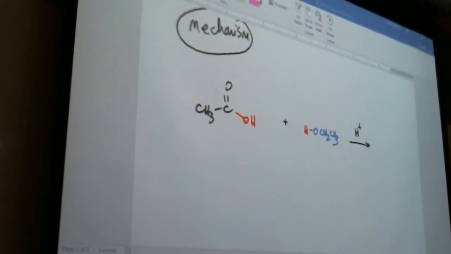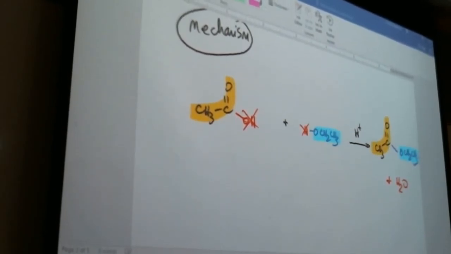At the end of the day, this portion of the carboxylic acid combines with this portion of the alcohol, and we lose effectively water. Okay, you're going to combine this portion that is coming from the carboxylic acid with this portion that is coming from the alcohol. And then you're going to lose water.